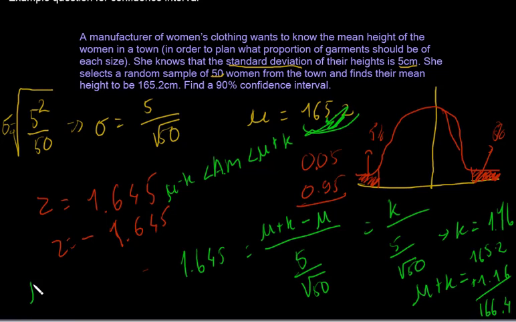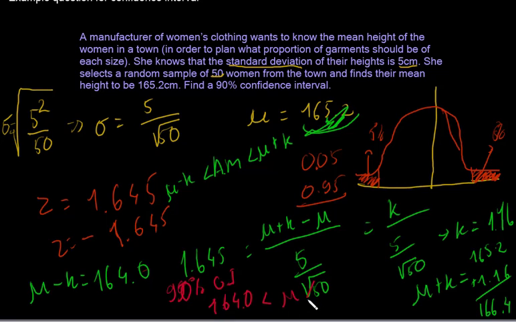Similarly, we get the mean minus k to be 164.0. So from these two, we get the 90% confidence interval to be 164.0 smaller than the actual mean, smaller than 166.4.